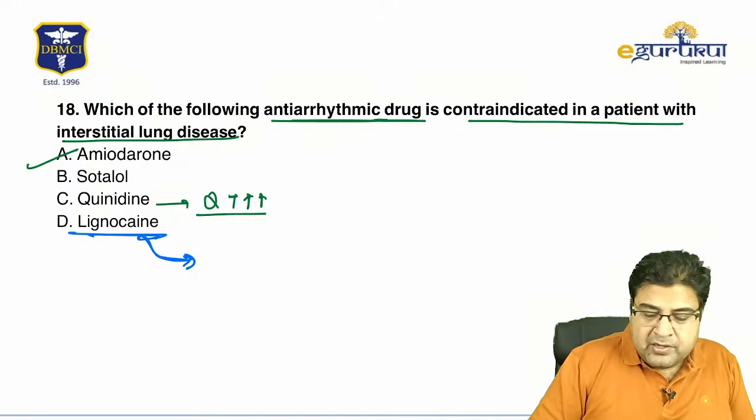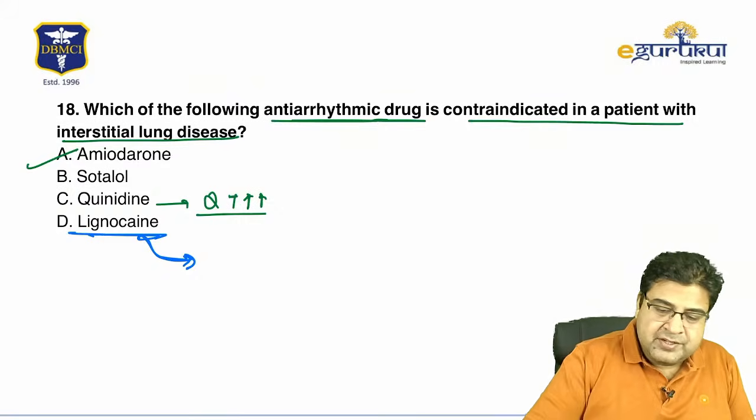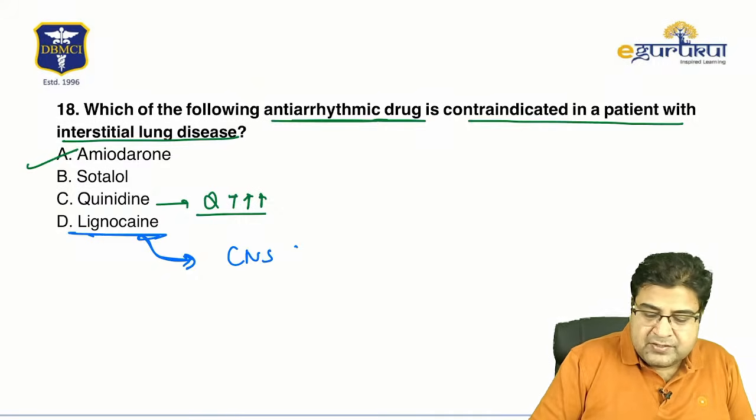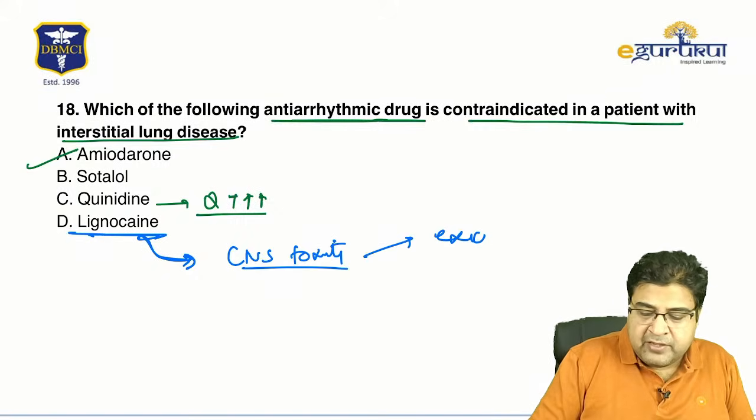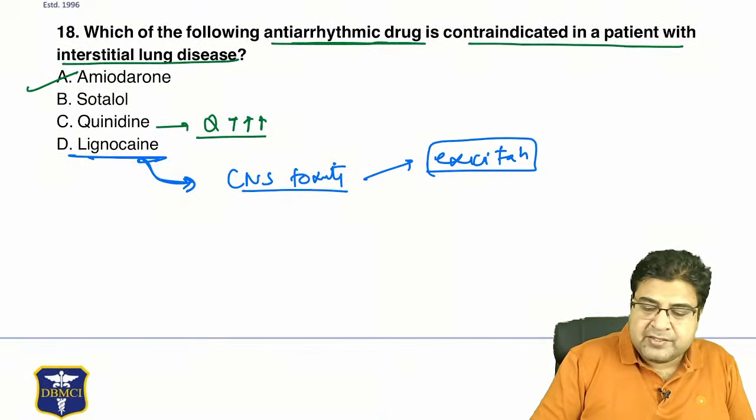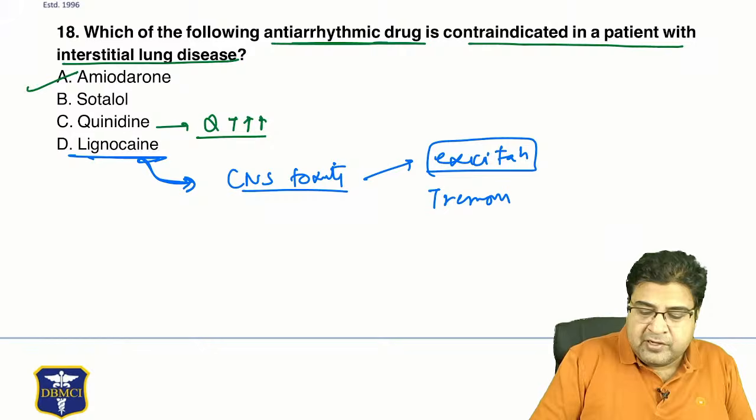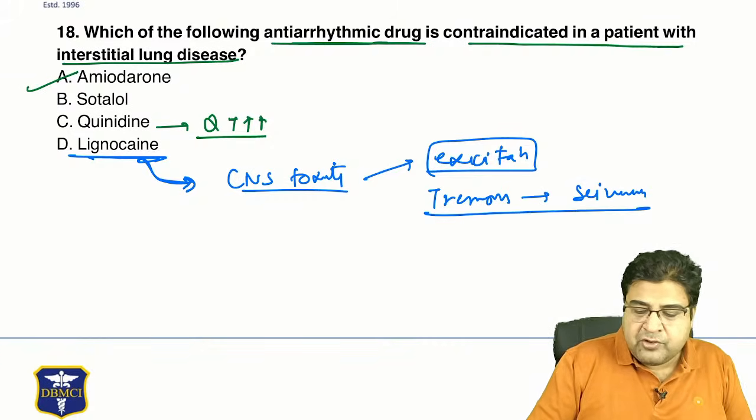So please remember, whenever a patient has lignocaine toxicity, the patient will have CNS toxicity. With CNS toxicity, the patient first of all has CNS excitation, where the patient will have tremors followed by seizures.